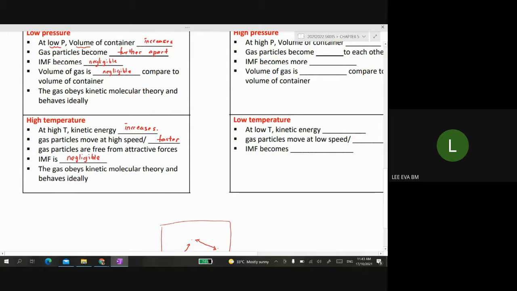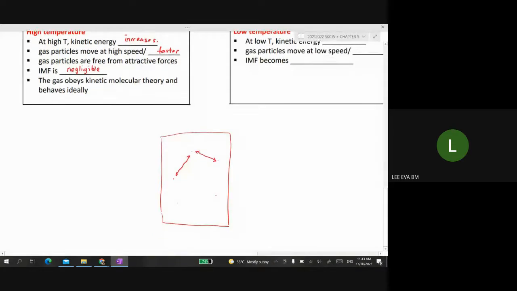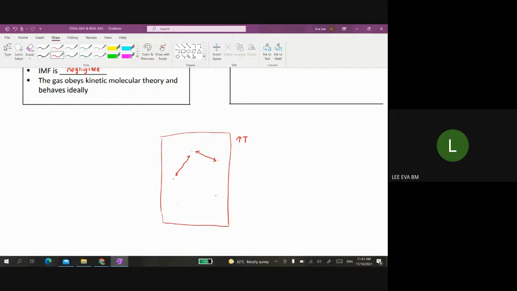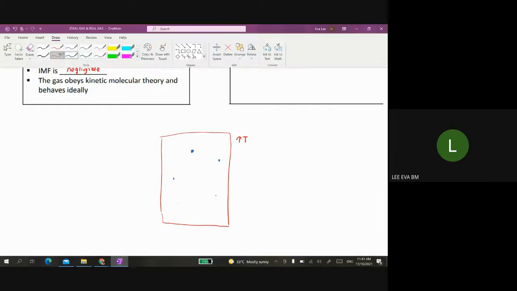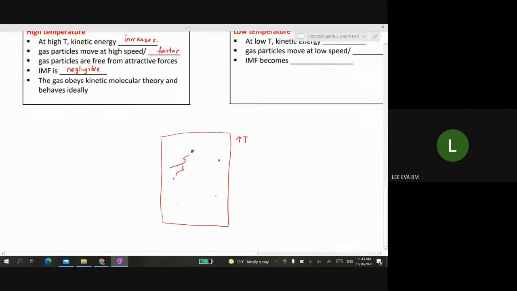Why do we say so? If you refer back to this diagram, say I increase the temperature. All these gas particles, if I change the colors a little bit, all move at very high speed. They move fast. So let's say they move very fast, over here, over there.